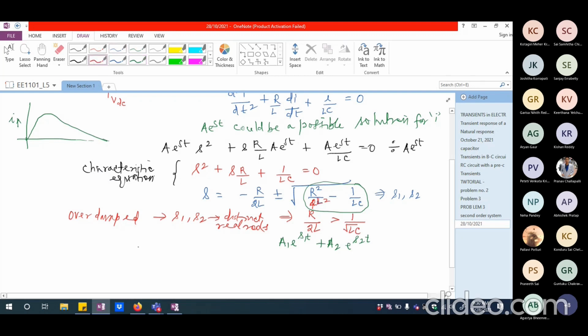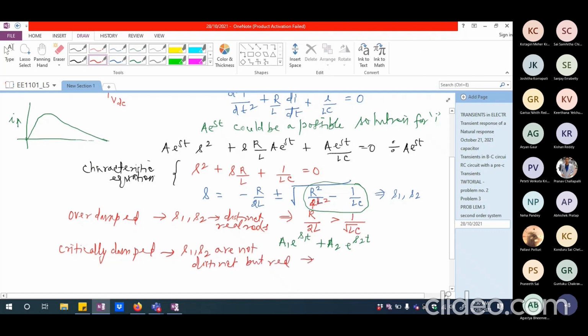The next type of response, the second response, is generally known as critically damped, which hardly ever happens in nature because you have to have exactly s1 and s2 not distinct, but real. They are one and the same, but real.